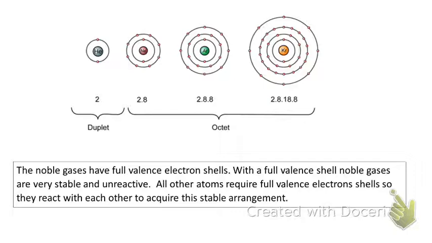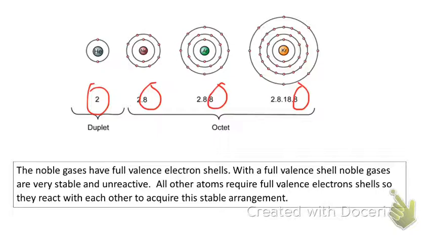Okay, so in this diagram, if we count up the electrons, you'll see that we have 8 electrons in each of these atoms' outer shells, with the exception of helium, which only needs 2 electrons in its outer shell.